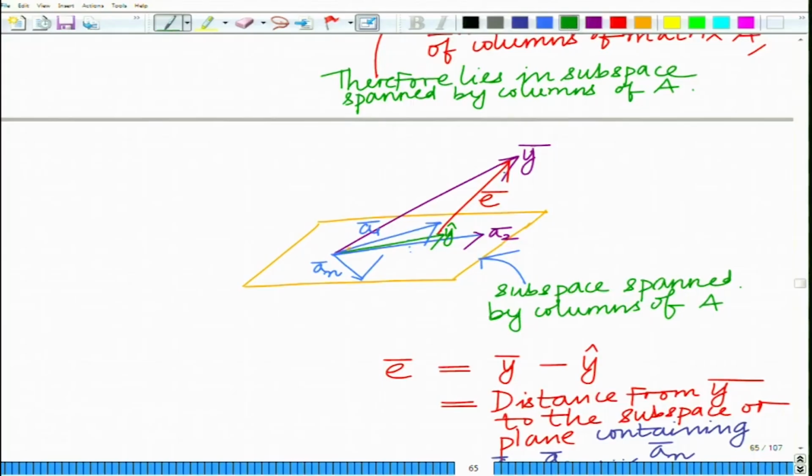So, this error, which is nothing but the distance, geometrically you can see this error is minimum when e bar is perpendicular to the plane.